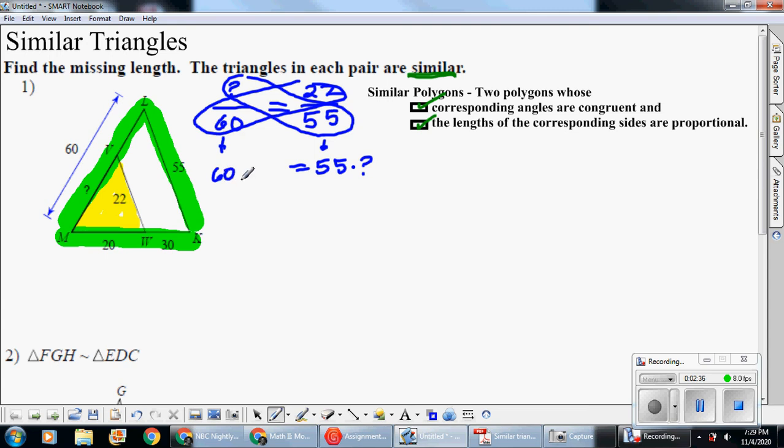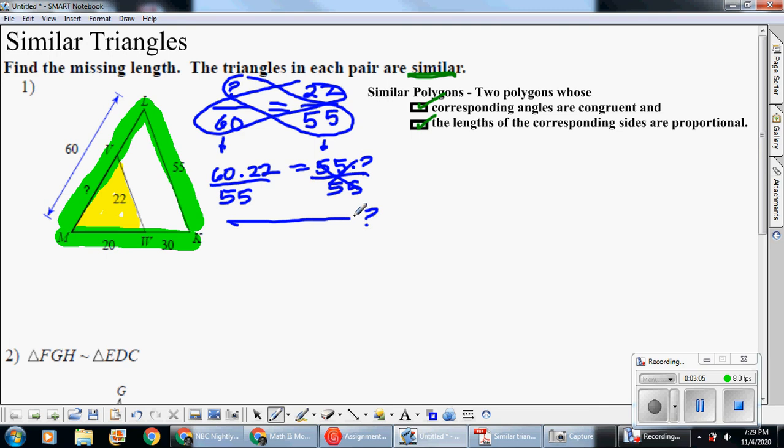That is 60 multiplied by 22. If you want to, you can multiply, but you're going to get a very big number and divide by another big number. So what I recommend is you divide by 55 on both sides, and on the left these will cancel, so the answer will be question mark.